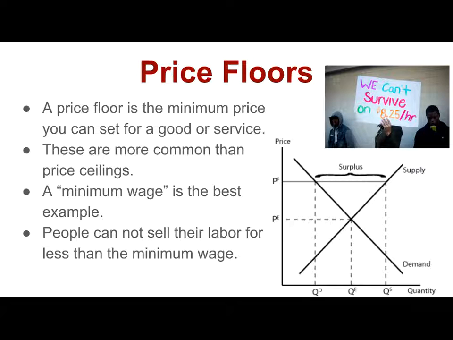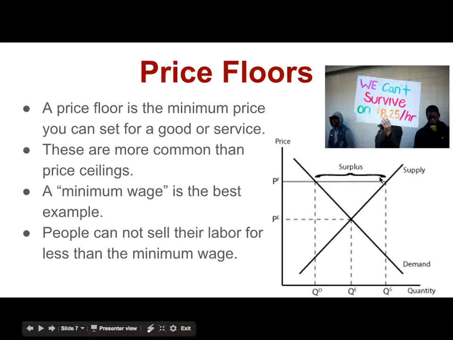All right? So in this scenario, you are the producer, and what you are producing is labor. You're producing work. But when the minimum wage is set, you might be willing to work for $7 an hour, but have a local minimum wage set higher than that, say $8.25 an hour. If the people are willing to work for $7, but businesses cannot accept less than $8.25, then we have a gap.